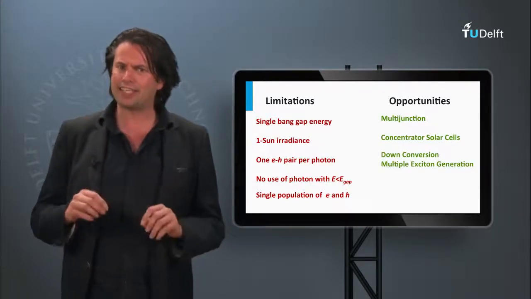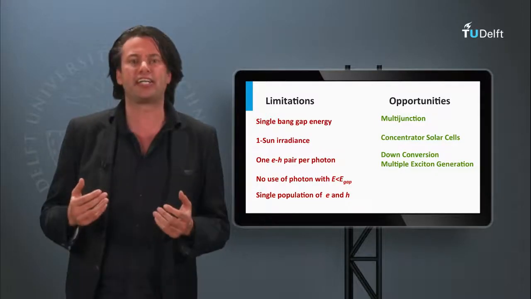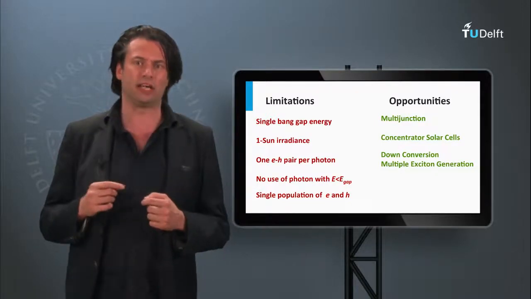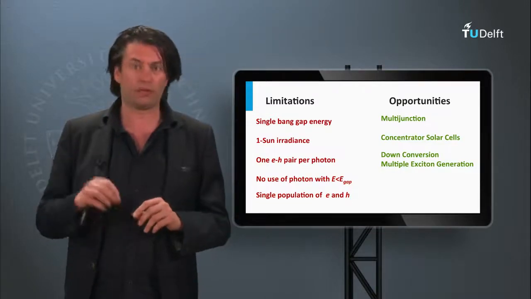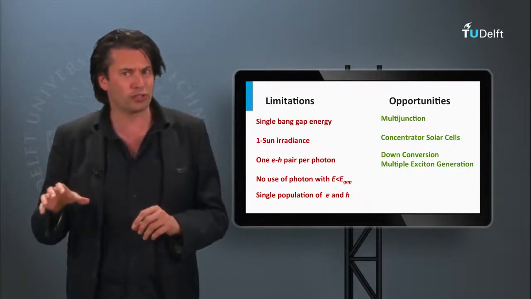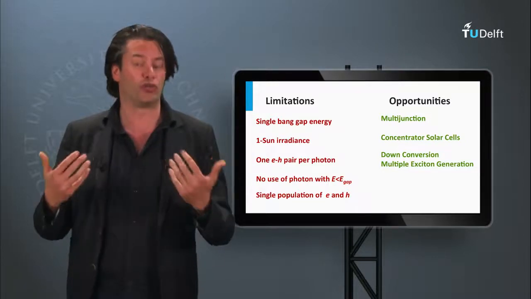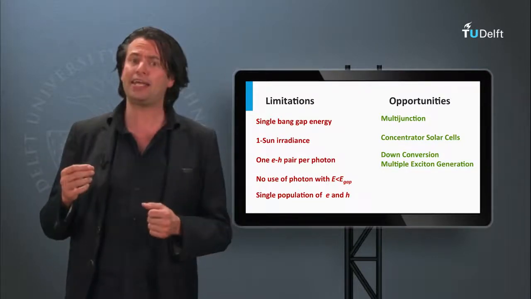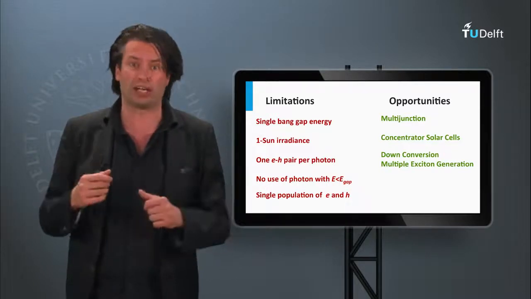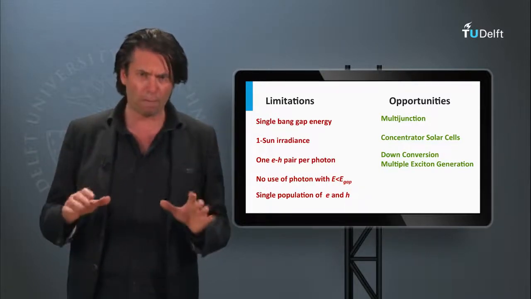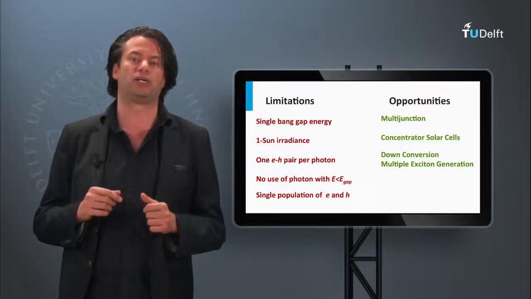The fact that every photon can only generate at maximum one collected electron can in theory be tackled by two approaches. The first one is down conversion, which is a spectral conversion approach. The high energetic photons are split in two or even more low energetic photons before being absorbed in the PV active part.